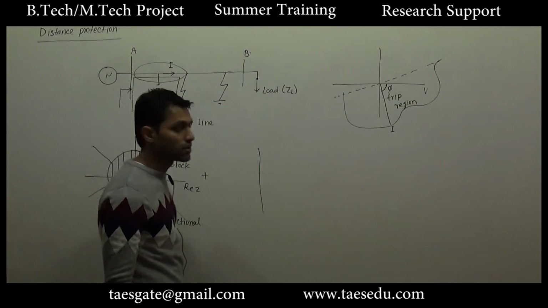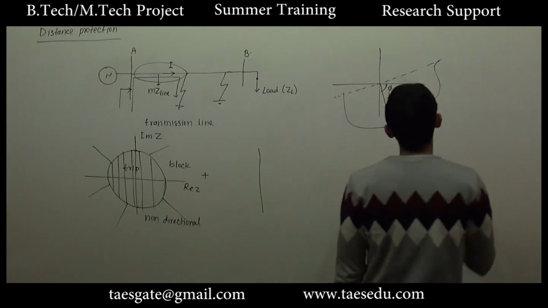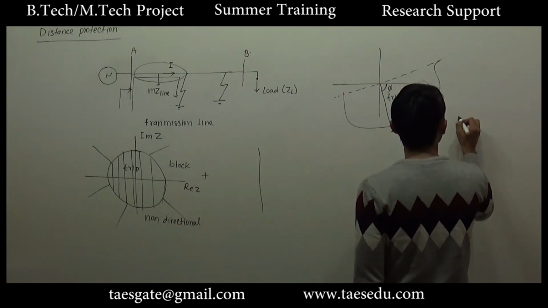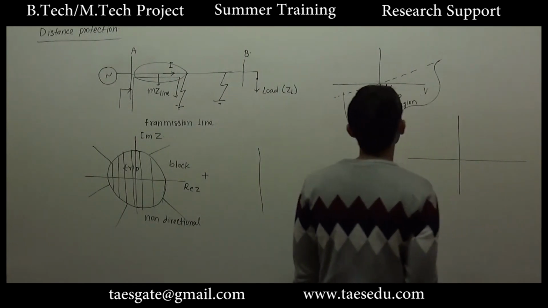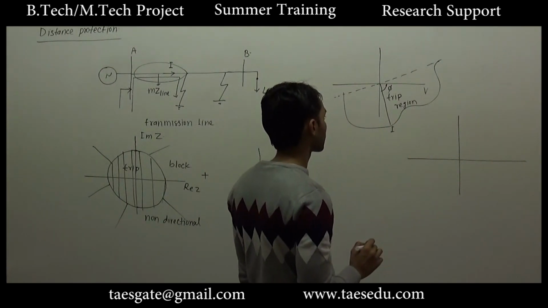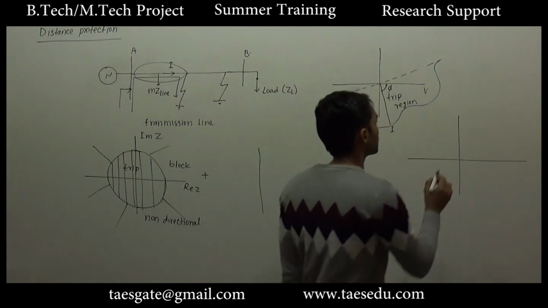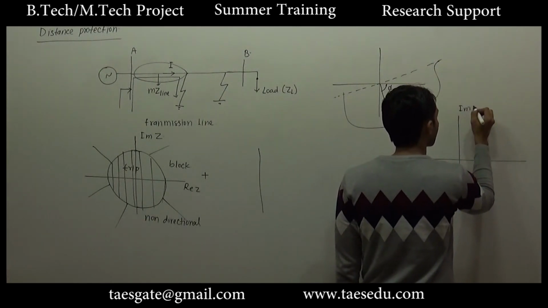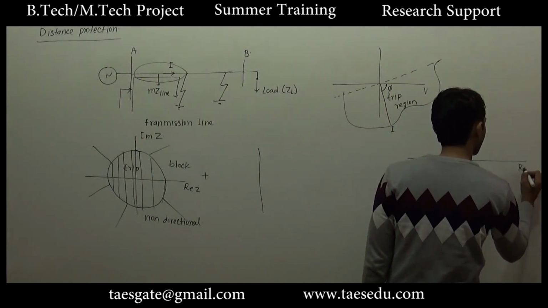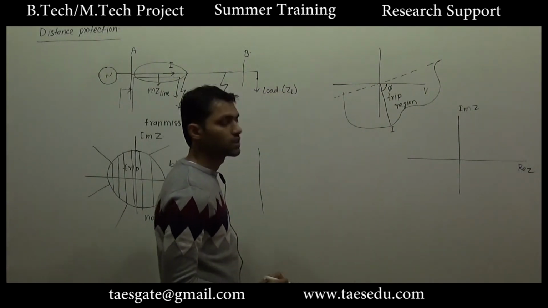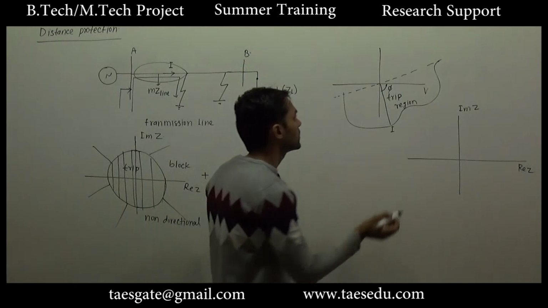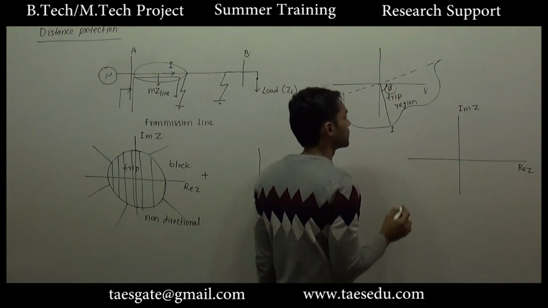So if you want to convert this diagram into an impedance diagram, in the impedance diagram here we will have the imaginary part of Z, the real part of Z, and the angle of Z will be the lag angle.